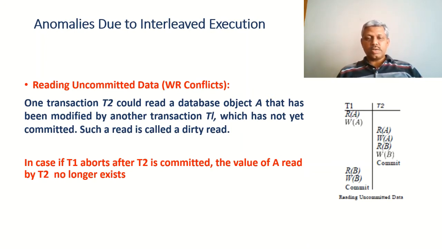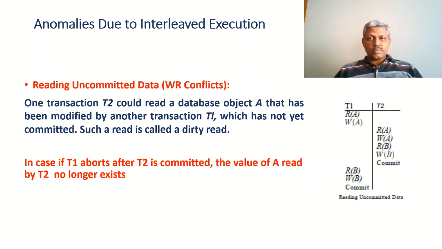T1 is reading the value of A, then writing the value of A. After that, T2 has read the value of A written by T1. Later it performs certain actions and T2 has been committed. But by that time, T1 has not been committed. T2 has read the value of A written by T1 and T2 is committed, but T1 has not committed yet.